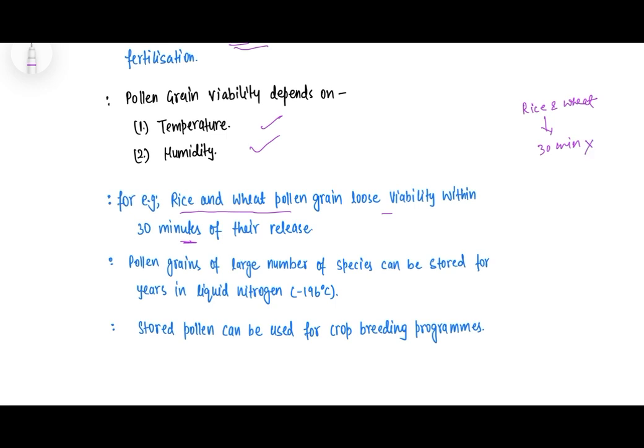Pollen grain of large number of species can be stored for years in liquid nitrogen at minus 196 degrees Celsius. Stored pollen can be used for crop breeding program.